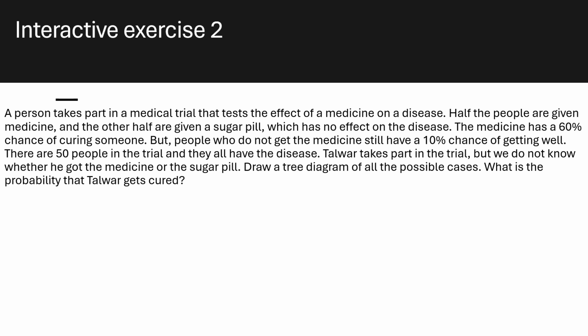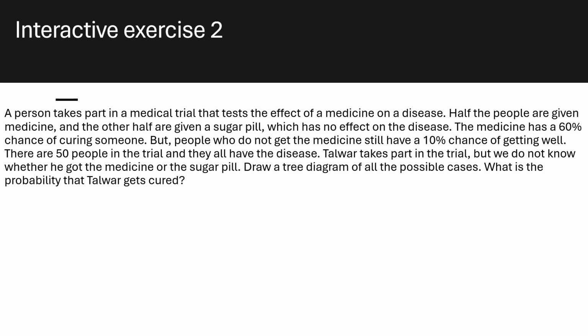Okay, so there are 50 people in the trial and they all have the disease. So Tawa is one of the people who takes part in this trial, but we do not know whether he got the medicine or sugar pill. Draw the Venn diagram of all possible cases. Then what is the probability that Tawa will get cured?